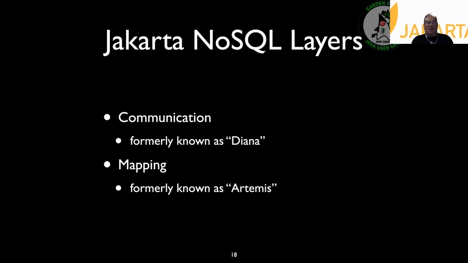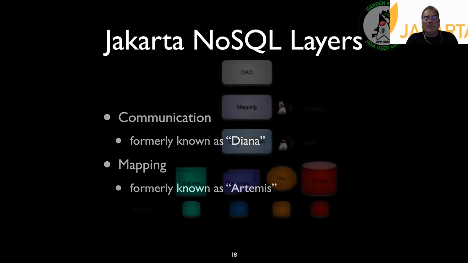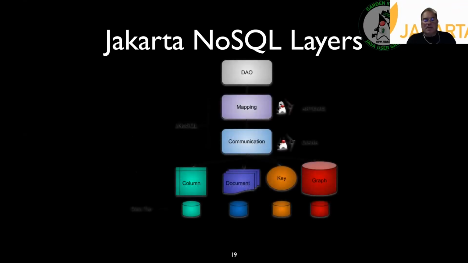So just wanted to mention that in case you happen to see those. And you can see how all these layers fit together here. You have the mapping and communication layers, and you can see that they relate to the four NoSQL database types.